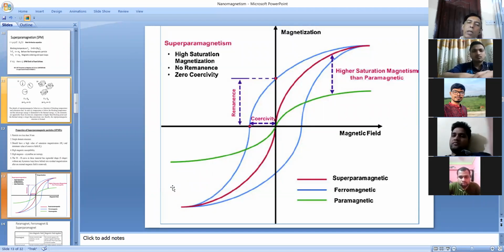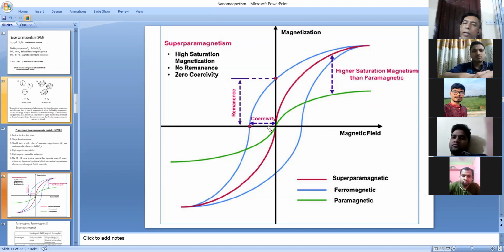In the hysteresis curve, you see this blue hysteresis area is for a bulk ferromagnetic substance. What happens there when you demagnetize?